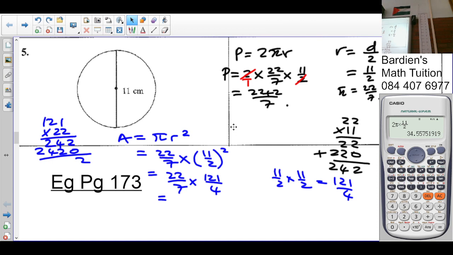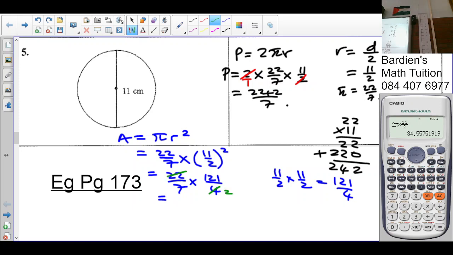Before I go there, I should have done what first? Simplify before you multiply. In that case, the sum will be a bit smaller. Okay? I messed up there, sorry. So 2 goes into 22 eleven times, and into 4 twice. So it's going to be 121 times 11, which is 1331.